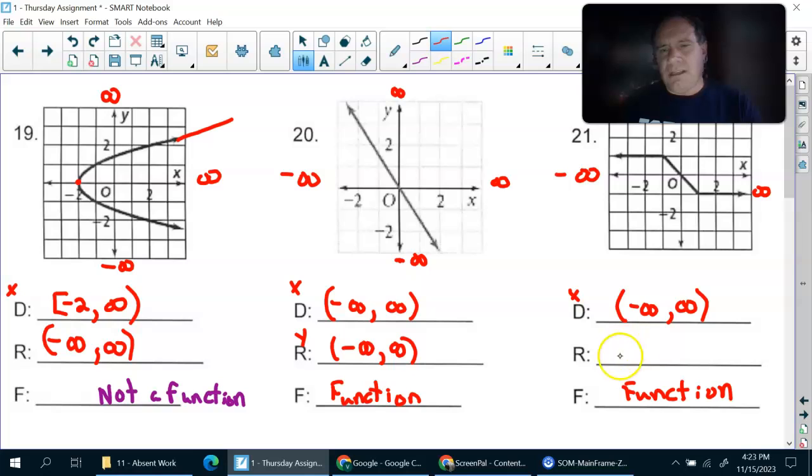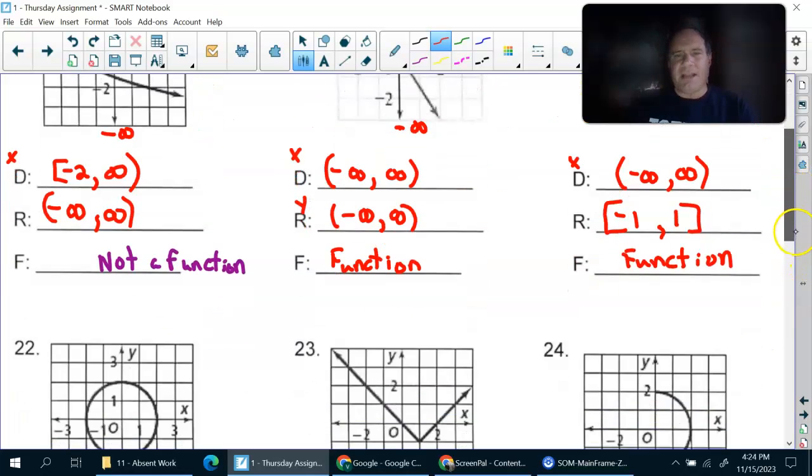The range, the lowest part of this graph is -1. That's here. So we're going to put that -1 down first, and it hits -1, so that's a bracket. And then the highest point of this graph is 1, and it hits +1, so that's a bracket.